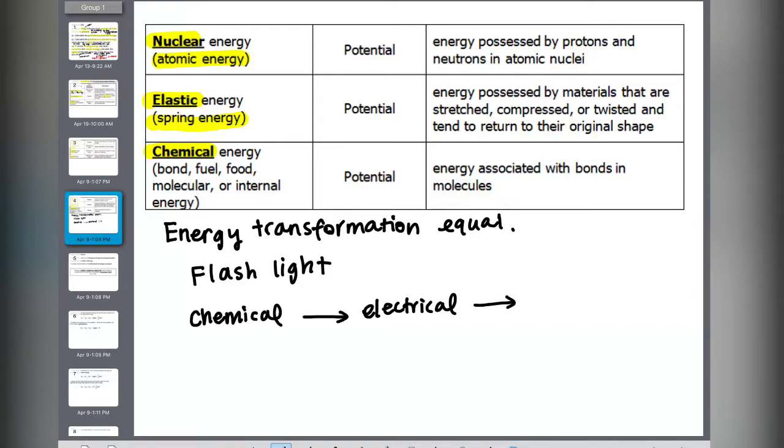And when that happens, it then turns into two types of energy: the radiant, light energy, which is what you want, and the other one, which is pretty much everywhere. In grade 9, we talked about friction, or wasted energy as heat. So this is an example of an energy transformation equation.